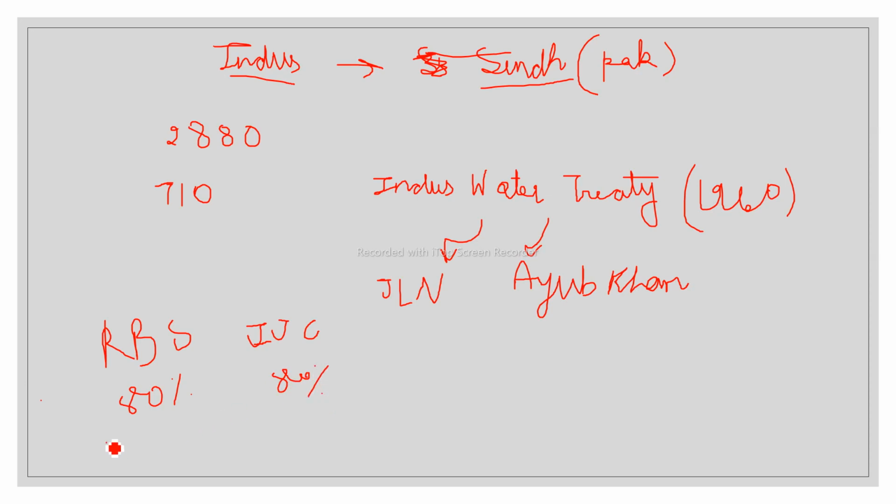So you should write here that this one is 80% with India and this one is 80% with Pakistan. This is how the water division is happening through the Indus Water Treaty.